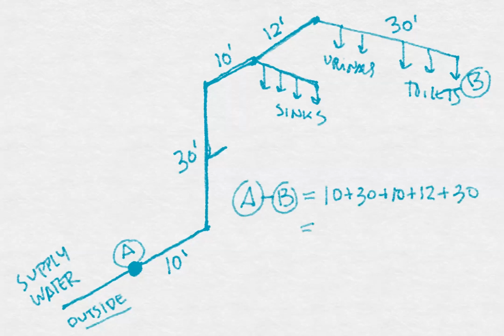So this is 30, 30, 60, 70, 80, 92 feet. Those are feet. So this is the maximum distance from the supply. This is the water supply point.